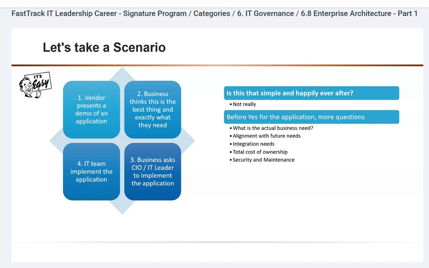But if you think of total cost of ownership, you may have to think about the implementation cost, what maintenance is required, and maybe how much we need to train the users, and what the yearly subscription cost is. And what happens after, let's say, 3 years, 5 years? Do we need to renew the license again? So there are a lot of other cost factors. The team should ask these questions.